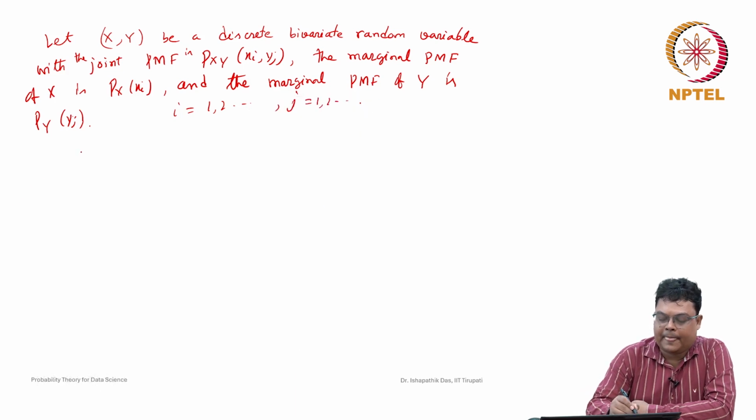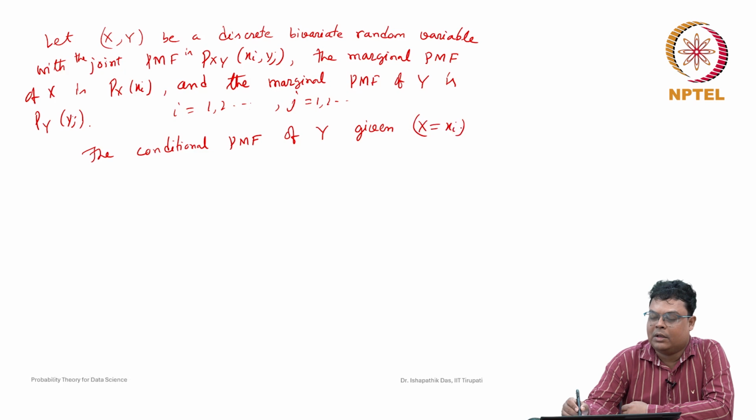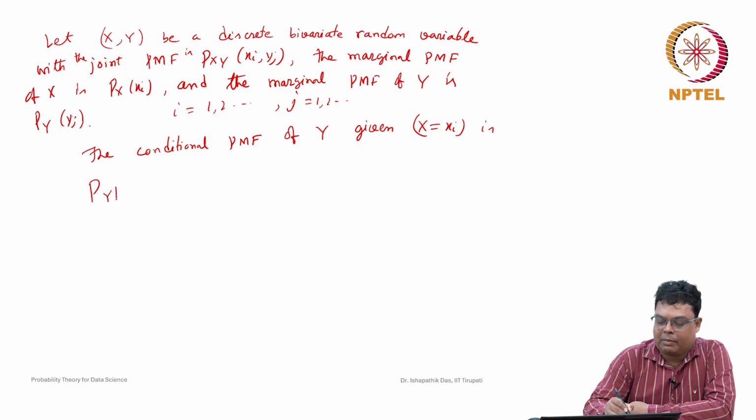So we know that the conditional probability mass function of Y given X is equal to some particular value xi in the domain is defined as py given x of yj given xi.